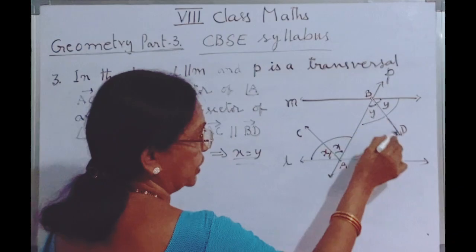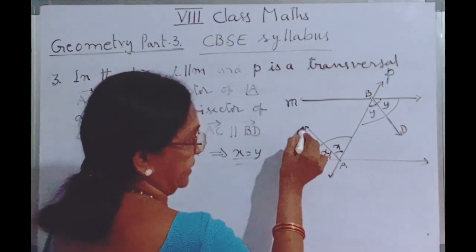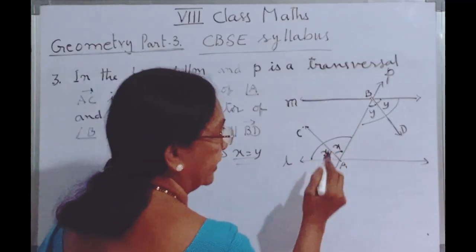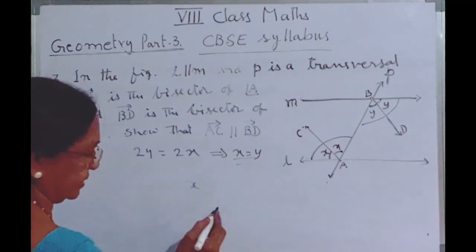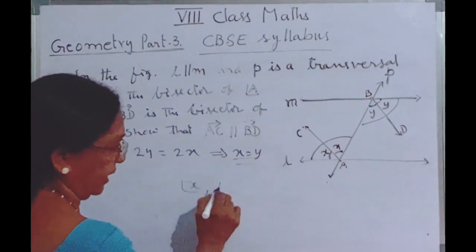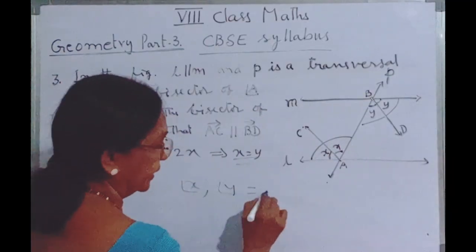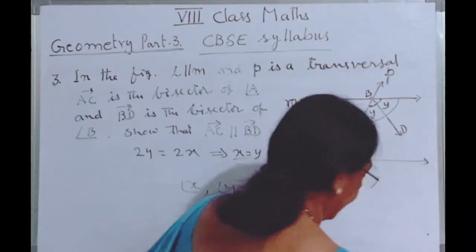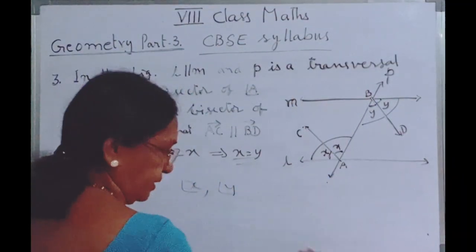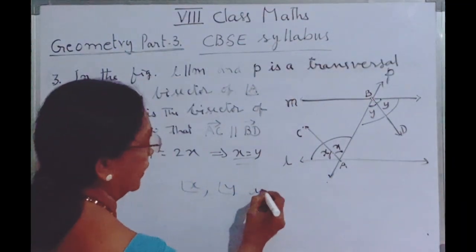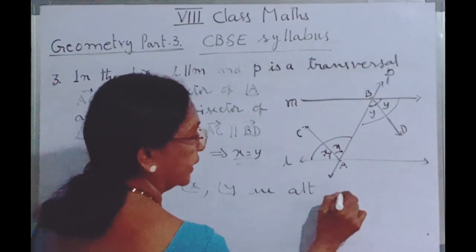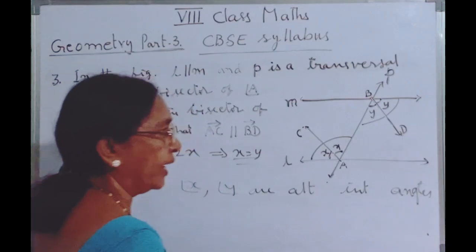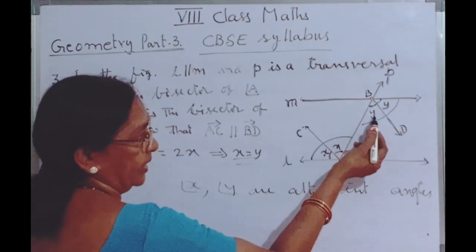So for these two lines BD and AC, P is a transversal and x and y are interior alternate angles. Angle x and angle y are alternate interior angles, and they are equal. One is x and the other is y.